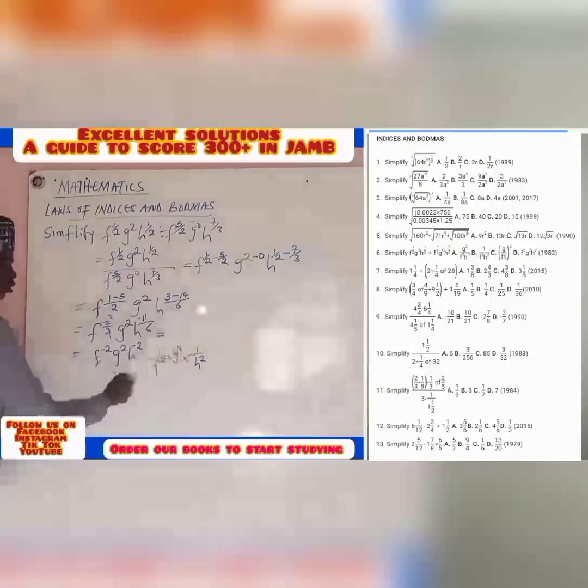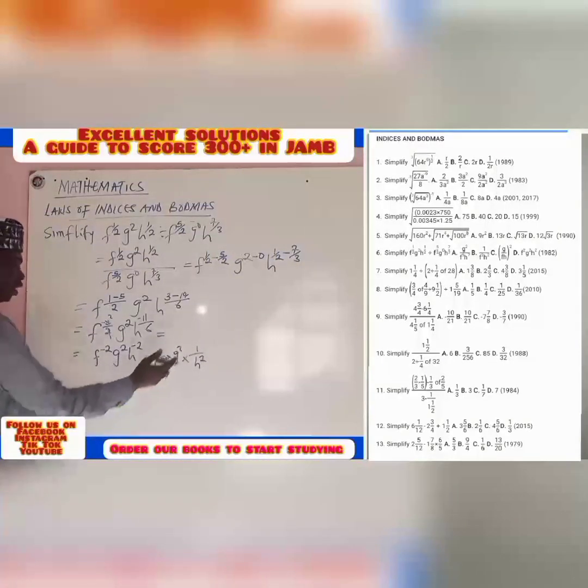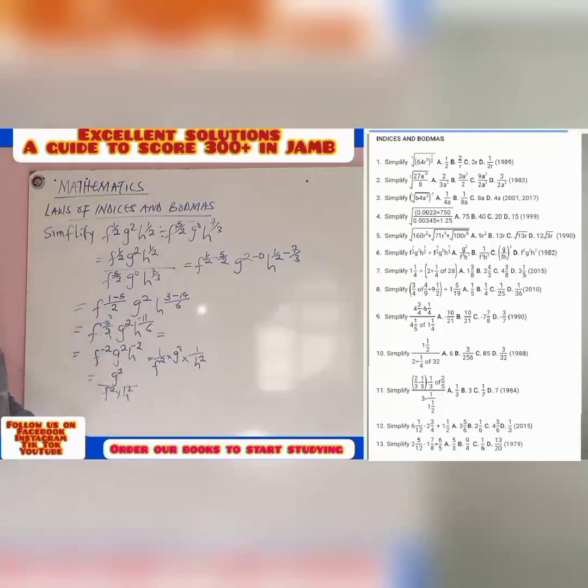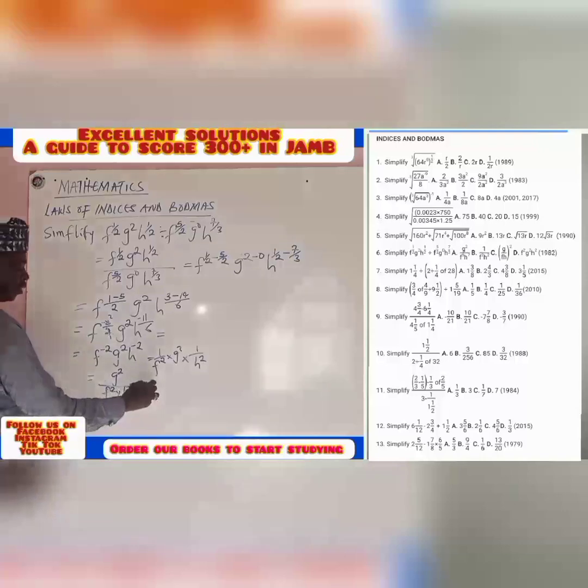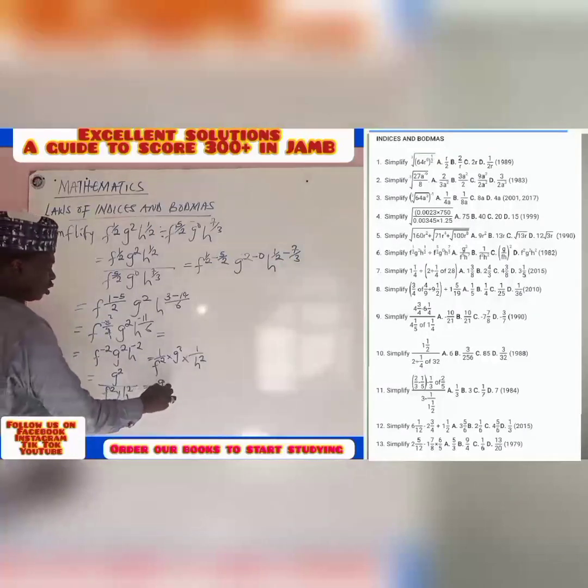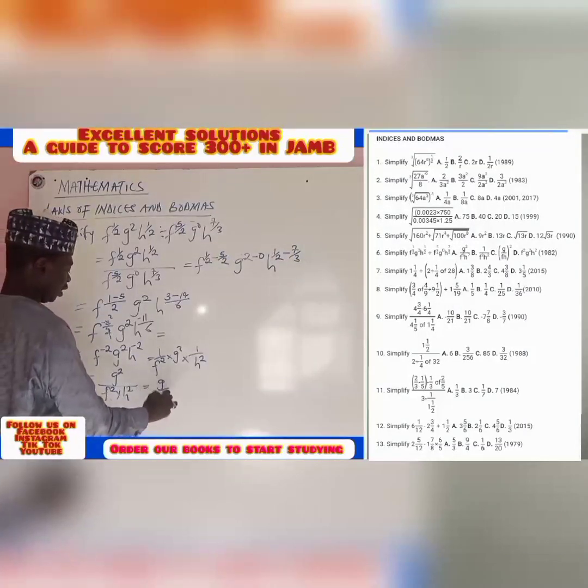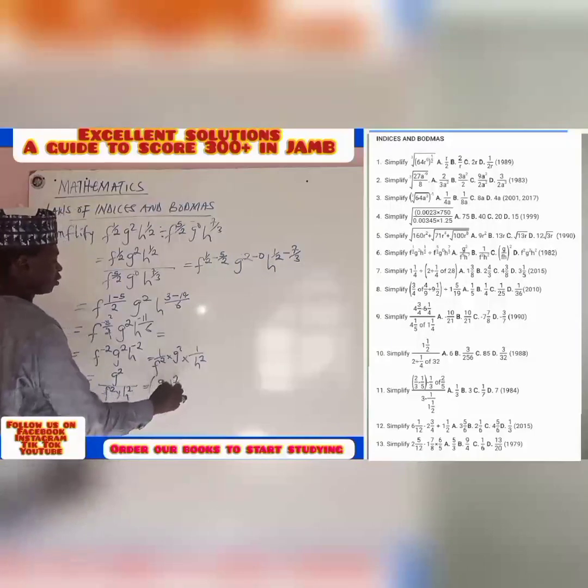Taking this, 1 times G square times 1 gives G square, over F square times H square. Since all of them have a power of 2, we can factor that 2 out and say G over FH, all power 2.